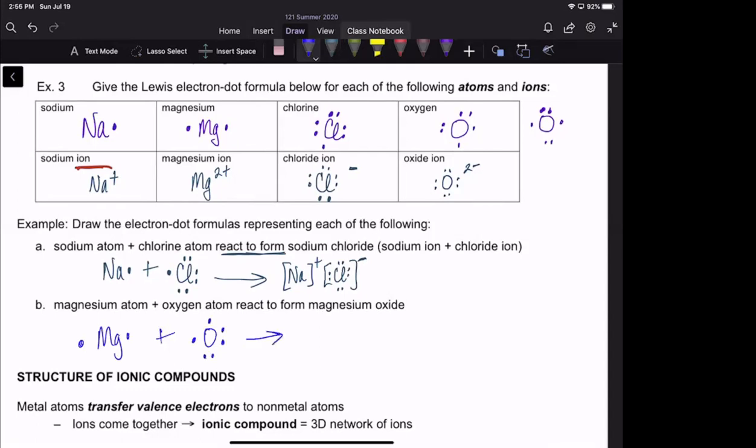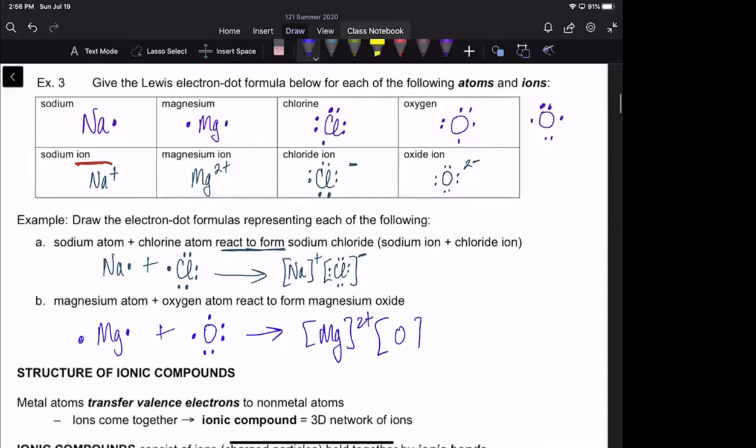So again, magnesium is going to form magnesium ion, and it will be attracted strongly to an oxide ion, and now both of them have fulfilled the octet rule. They have a charge attraction, that +2 -2, that's very strong.